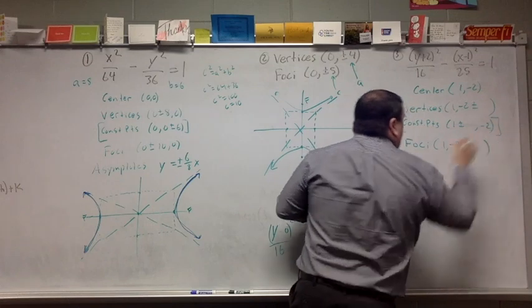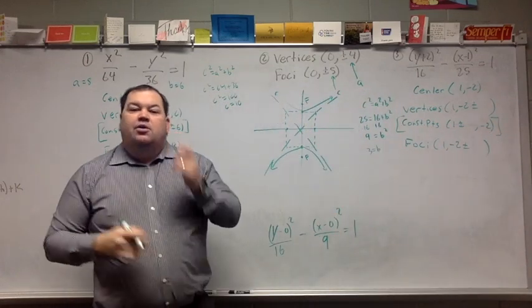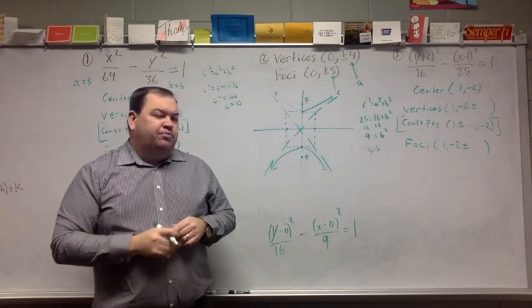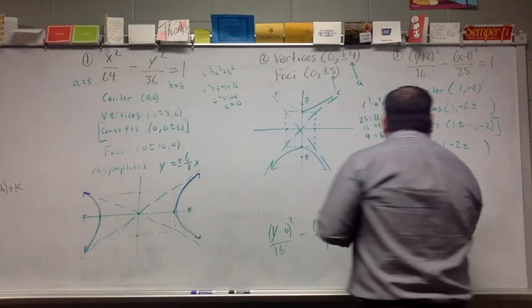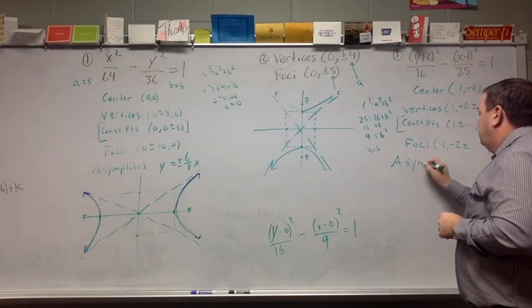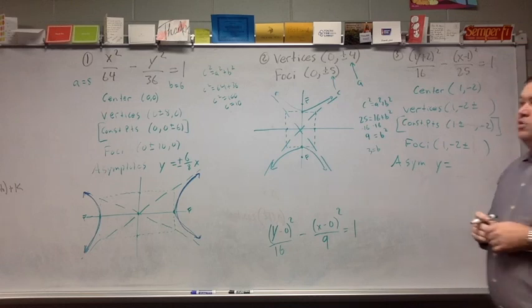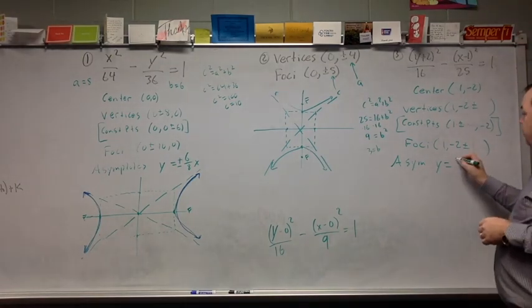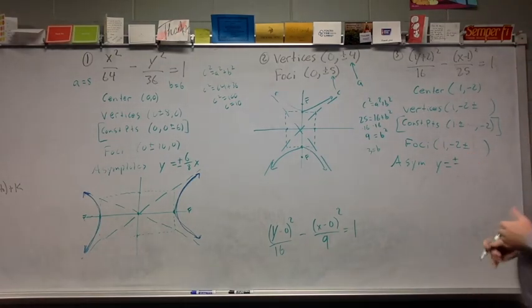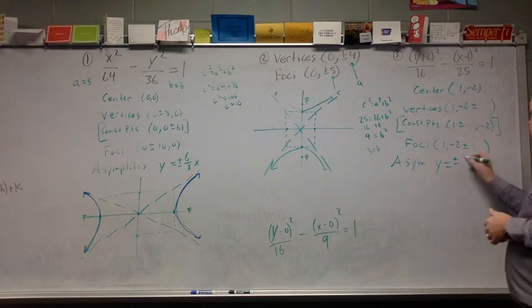I'll kind of put those in brackets because they're not part of it, but they help us when we do the graphing. And then my asymptotes. Again, we're dealing with a vertical, so now we're going to go plus and minus, and we're going to put a over b.